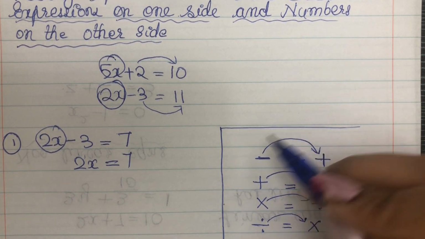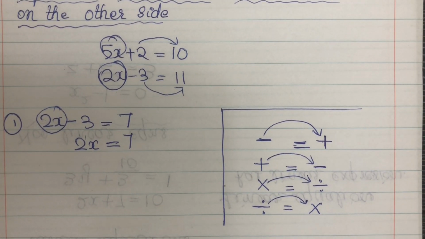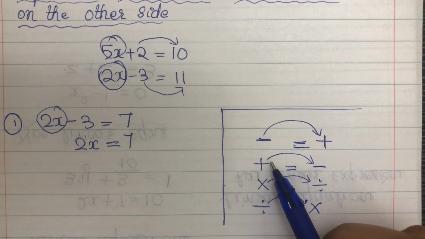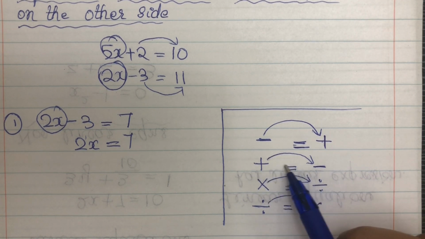Whenever you are transferring anything to the other part, it can be transferred to LHS or RHS, according to the situation. Whenever you transfer a negative term from the LHS to the RHS, when it comes to the RHS it will be positive. Whenever you transfer a positive term to the RHS, it's crossing the equal sign, no?